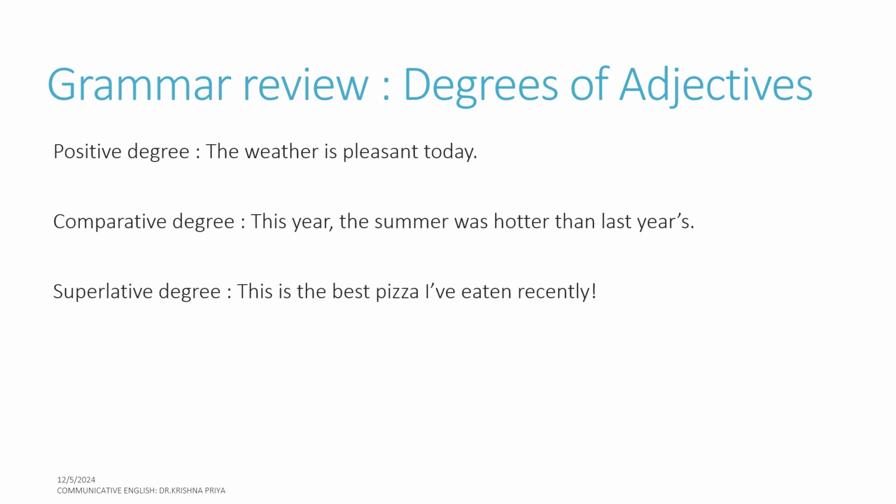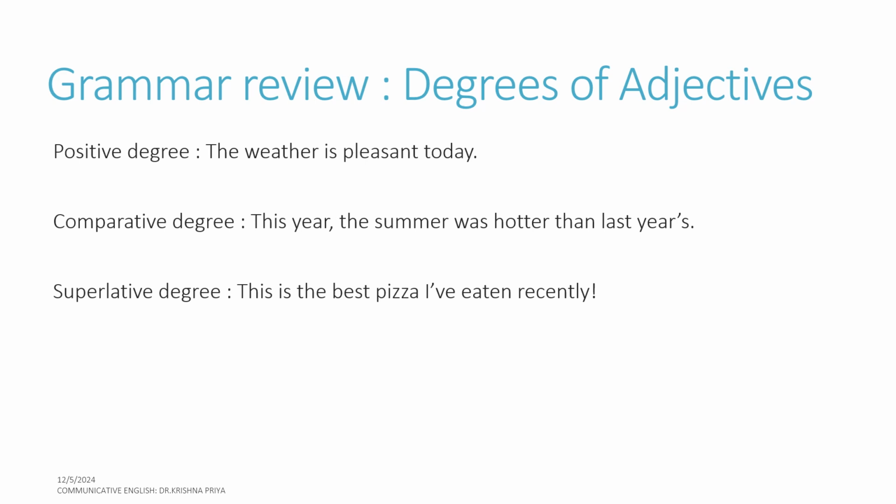In our grammar review, to continue with adjectives, there are 3 degrees of adjectives. You have the positive degree when you say, for example, the weather is pleasant today. That is a nice dress. This dish is tasty. So you're not comparing it with anything, but just making a positive statement about something.